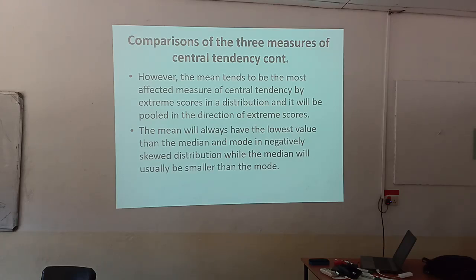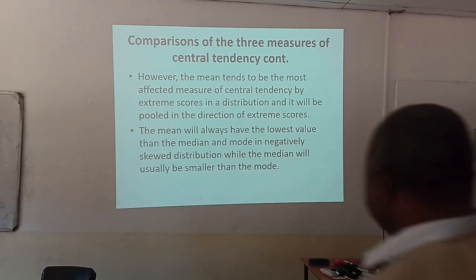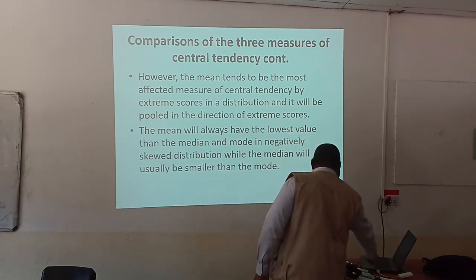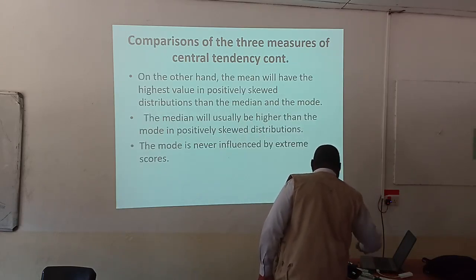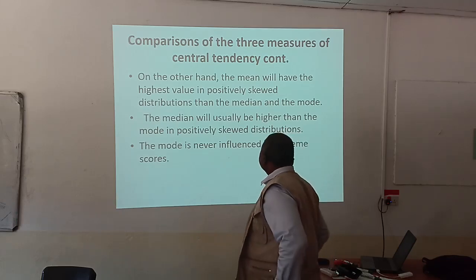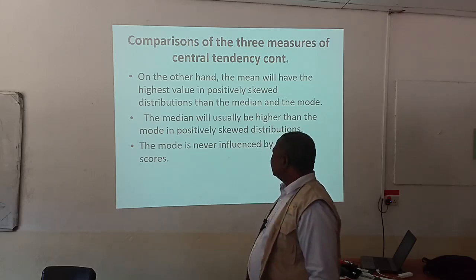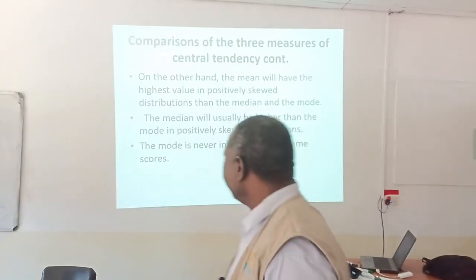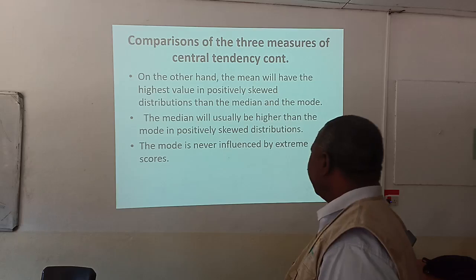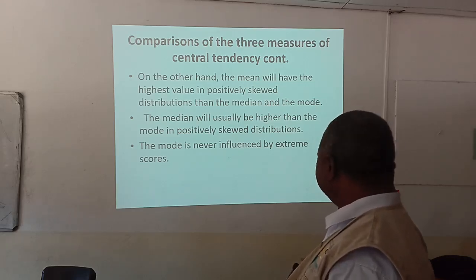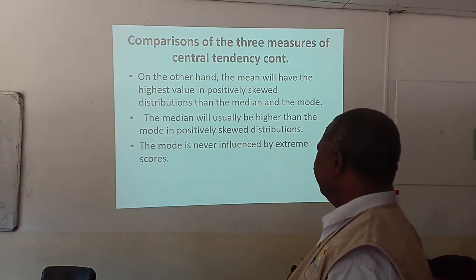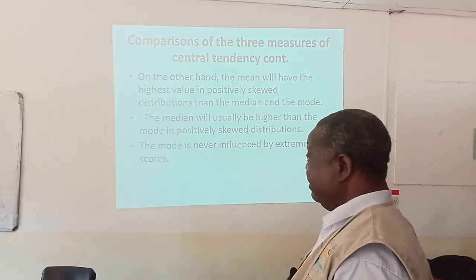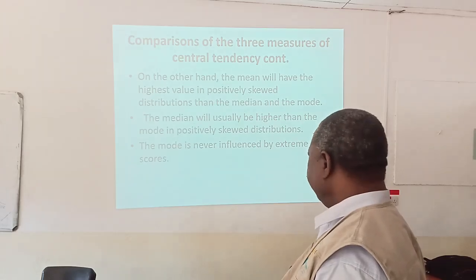Similarly, on the positively skewed distribution, the mean will always have the highest score. And the median will also be affected by the skewedness, but less, whilst the mode will always not be affected by the performance of the individual scores.